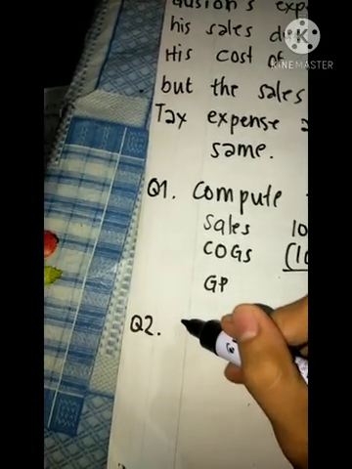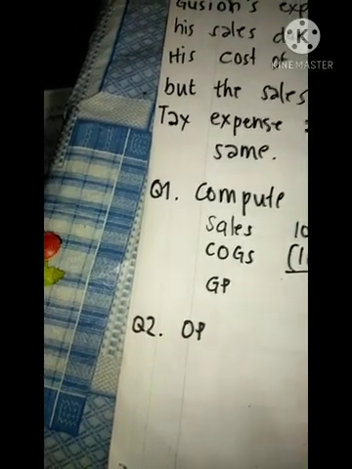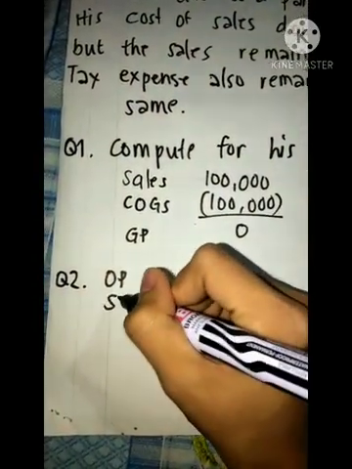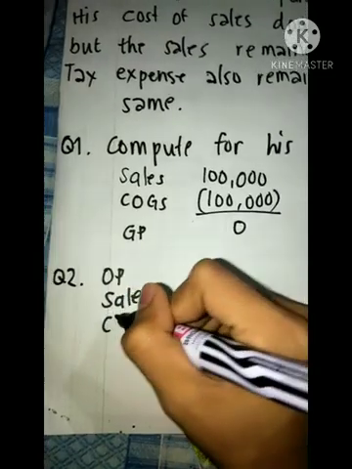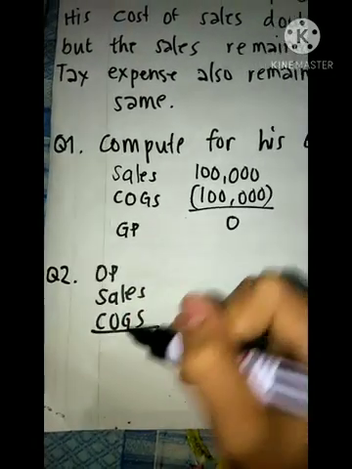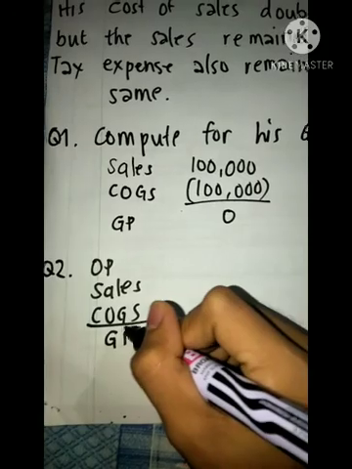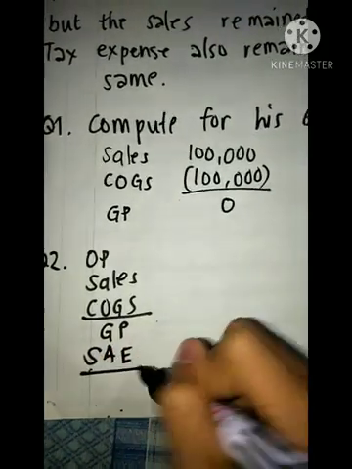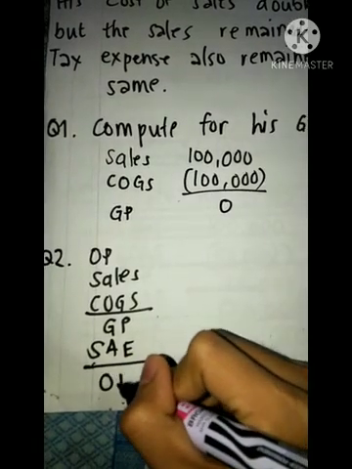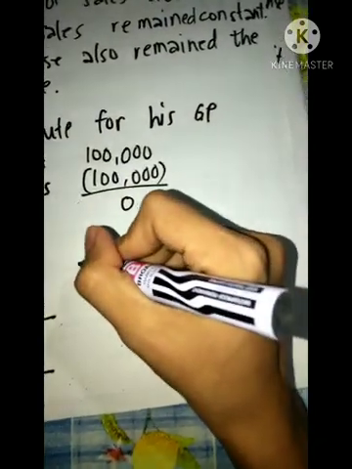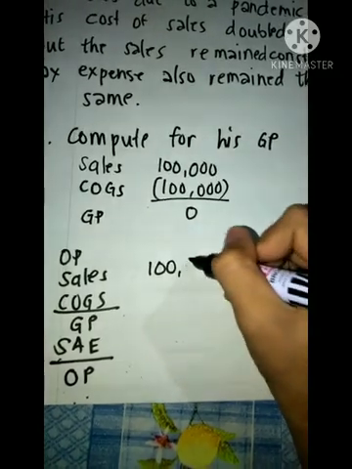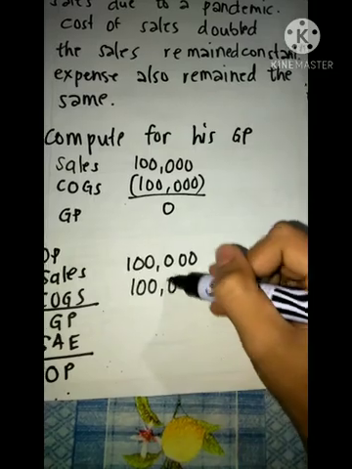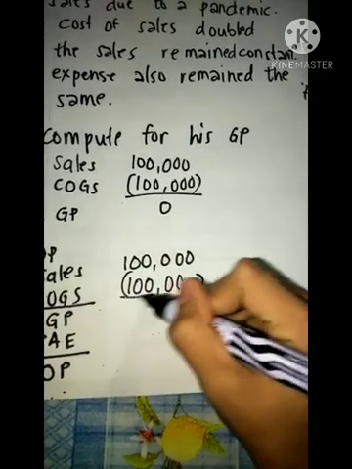Compute for his operating profit naman. So, operating profit, the formula is sales less cost of goods sold. You will arrive at gross profit less salaries and administrative expenses. The answer would be your operating profit. So, the sales stayed the same. So, 100,000 minus cost of goods sold, na doble na daw, kaya 100,000.